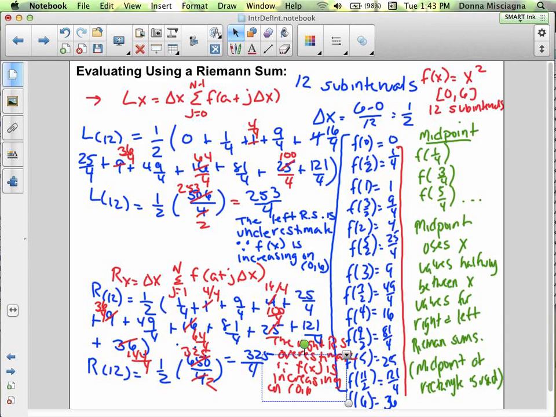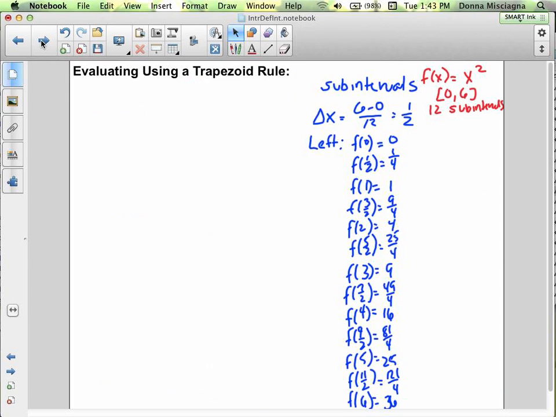So the midpoint Riemann sum uses f of 1/4, f of 3/4, f of 5/4, etc. So the midpoint uses the x values halfway between values for the left and right Riemann sums. Right? So it's the midpoint of the rectangle that is used. Now I'm not going to do the midpoint Riemann sum as well. We did a lot of midpoint Riemann sums, but I am going to do a trapezoid Riemann sum real quick.